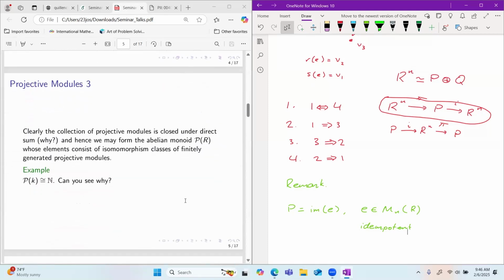So when we do K-theory, we'll be interested in studying the monoid of finitely generated projective modules.